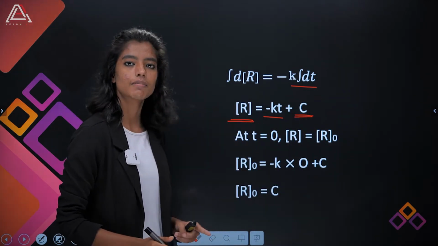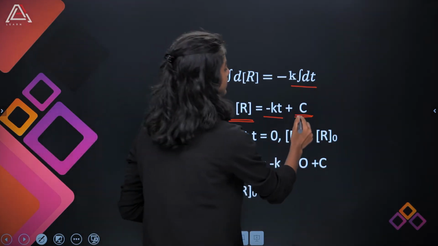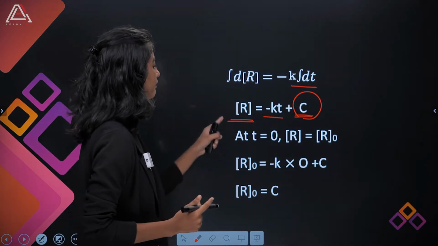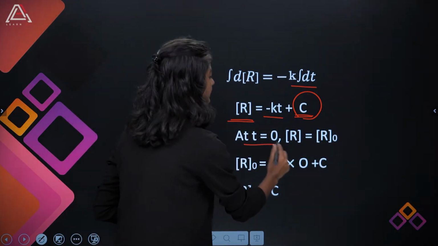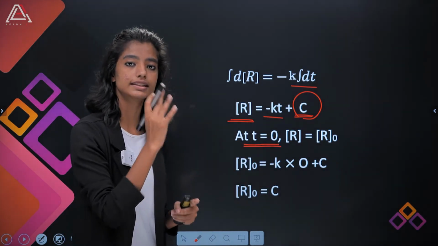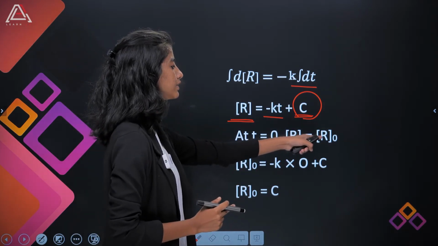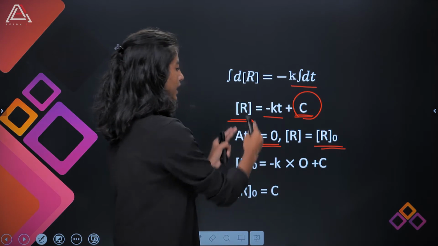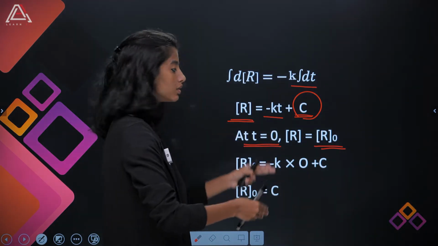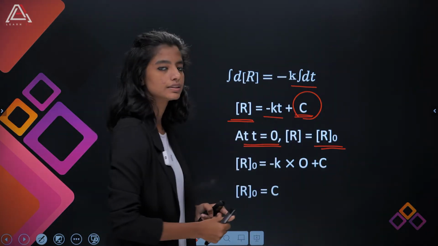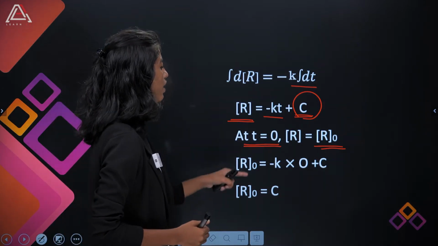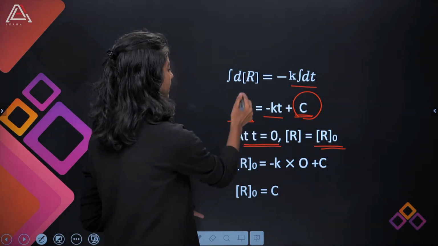Now we have to determine the value for this constant C. In order to get the value for that, we have to take at t is equal to 0, concentration of R becomes concentration of R naught. This is the initial concentration. Now replace these terms in this equation.